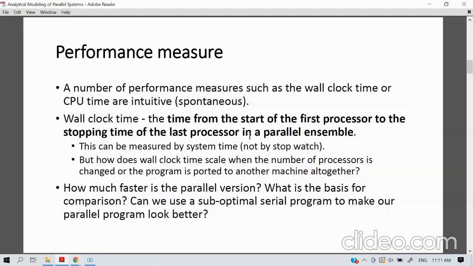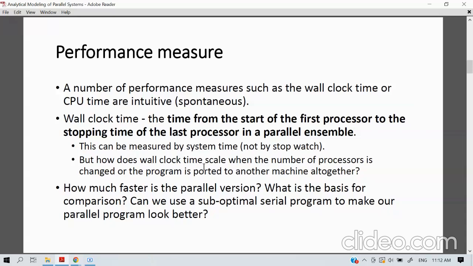Okay. So how to measure? By looking at the system time, not by using a stopwatch. But how does wall clock time scale when the number of processors is changed or the program is ported to another machine altogether? So this is the issue. So how do we see the workload time scale when the number of processes is changed?